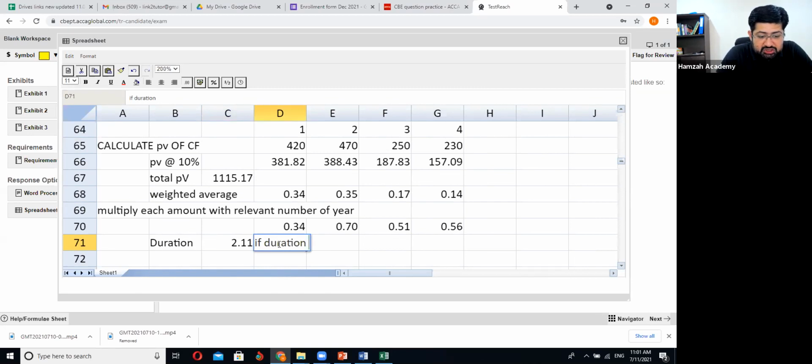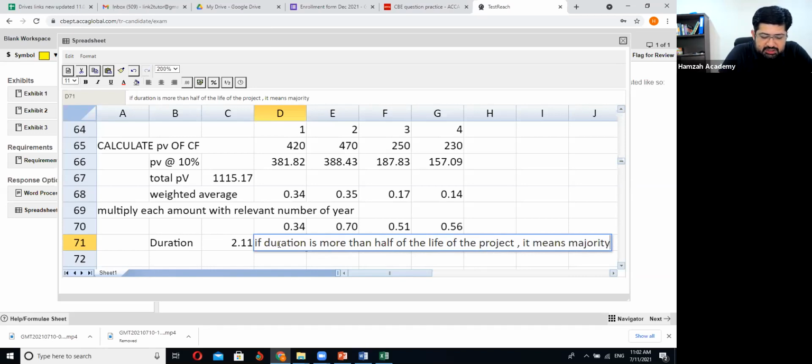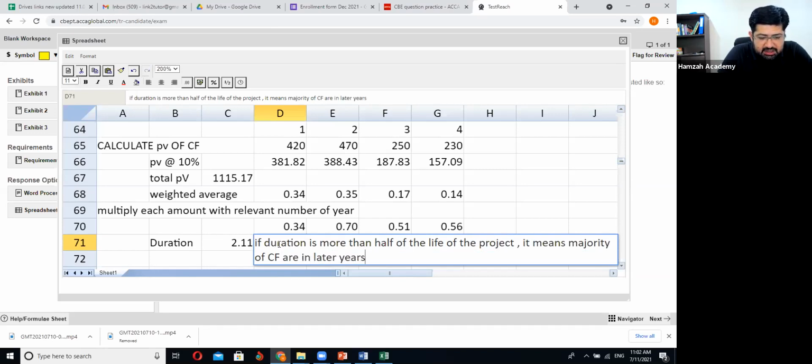If duration is more than half of the life of the project, it means majority of cash flows are in later years of the project.